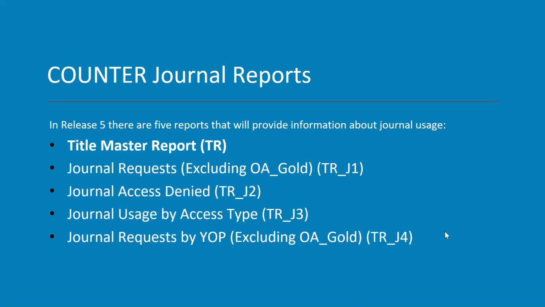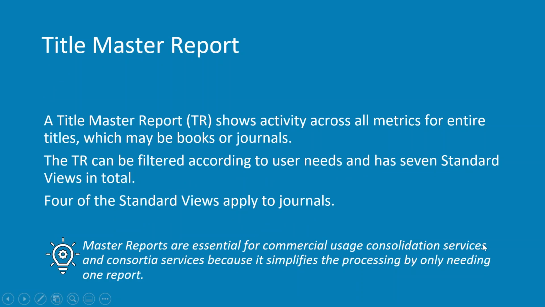We're going to start with the title master report, but you can see there's the title master report, there's the journal requests excluding OA Gold, which is TR_J1, journal access denied, which is TR_J2, journal usage by access type, TR_J3, and journal requests by YOP, which again excludes OA Gold, and that's TR_J4 or TRJ4 as we often refer to it. So we'll just go on and tell you a little bit more about those reports in a little more detail. Next slide. Thank you, Lorraine.